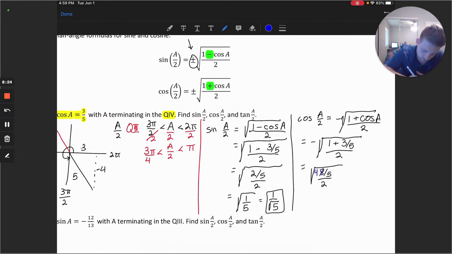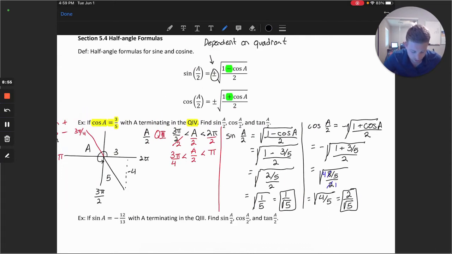This is a 4, this is a 1, and so we'll be left with the square root of 4 over 5, or simply we can write it as 2 over the root of 5. All right, so there's our cosine of A over 2.